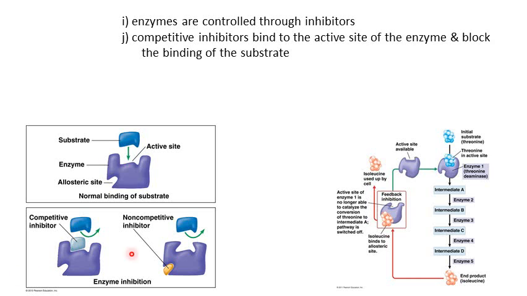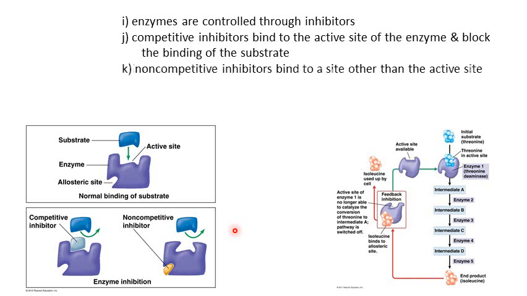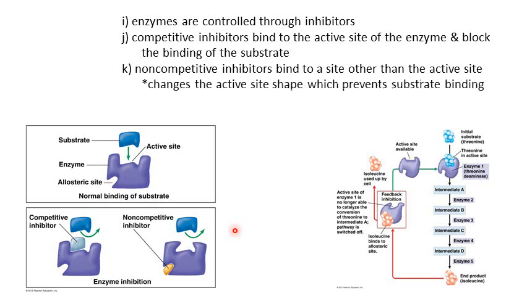But in other cases, molecules can bind to that allosteric site, this other little pocket, and when they bind there, that changes the shape of the active site so that it no longer fits the substrate. Now, that's called non-competitive inhibition. When the molecule binds to a site other than the active site, but it still changes the shape of the active site to where the substrate cannot bind to the active site of the enzyme.